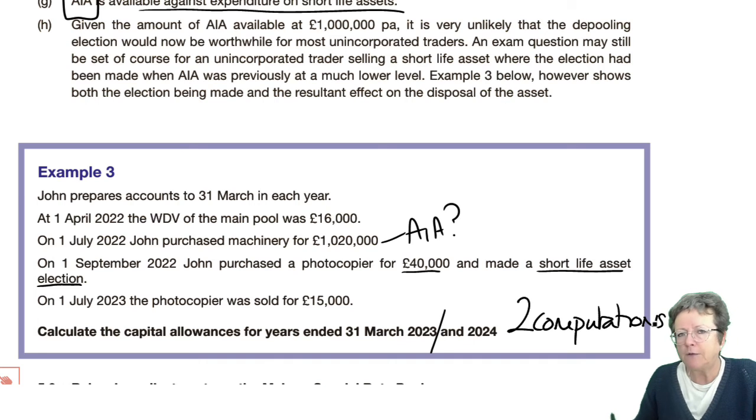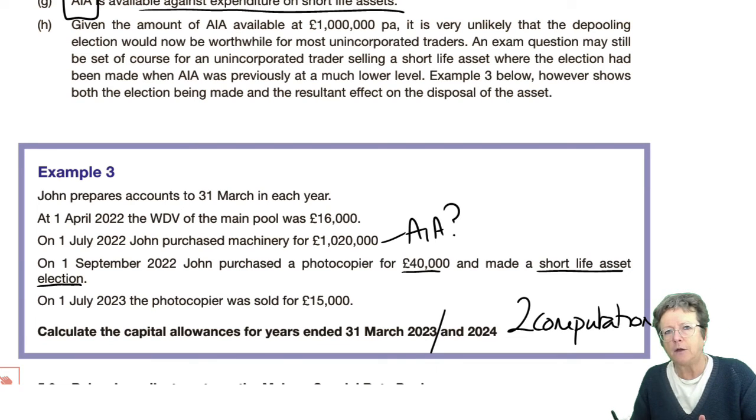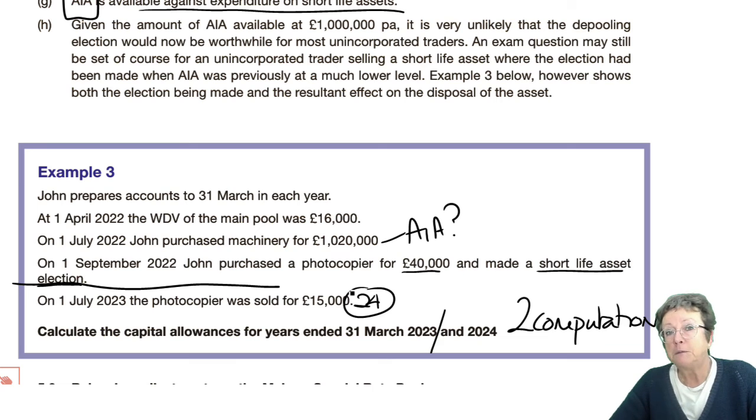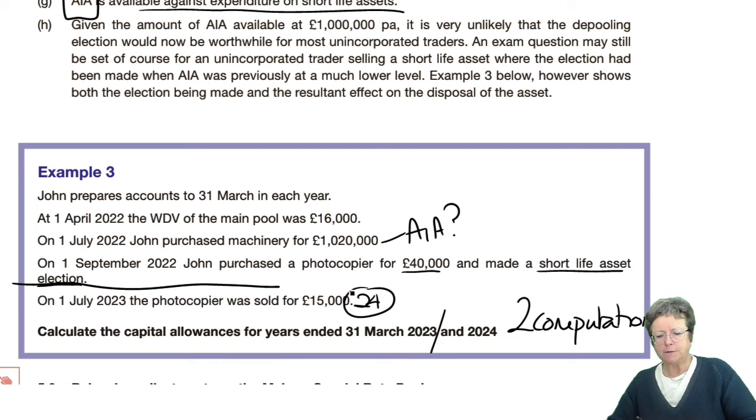Okay, so having read that question carefully, you need to go back to these dates and work out which one of them, if any of them, are in the following year. Okay, that one is in 24. Be careful with the dates. All right. Let's have a look at the answer and see how it works.